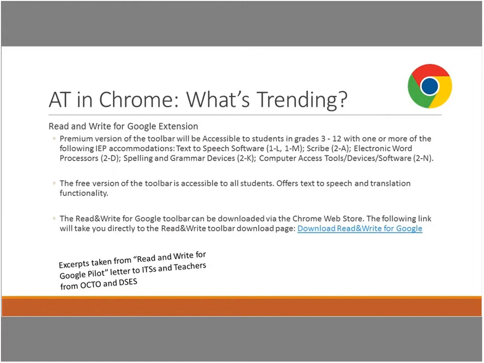So if they have text-to-speech, scribe, electronic word processor, spelling and grammar devices, or computer access tools, devices, and software, any of those checked off on their IEP, the student will automatically get the premium version of the toolbar. So our students will be able to use that.